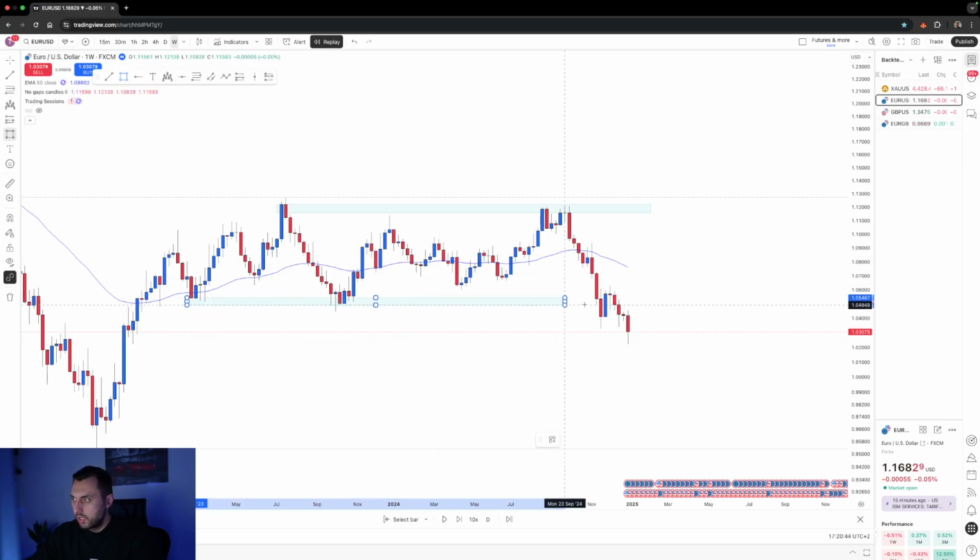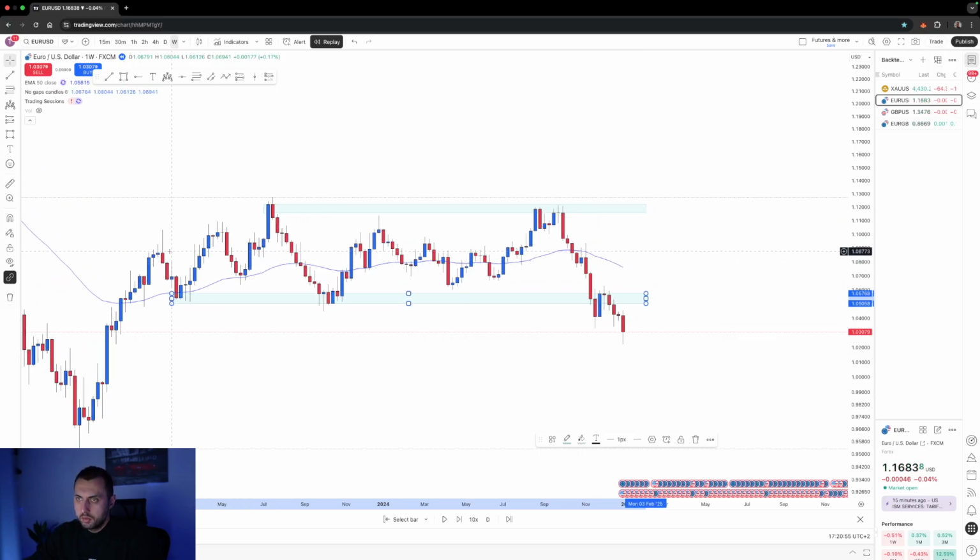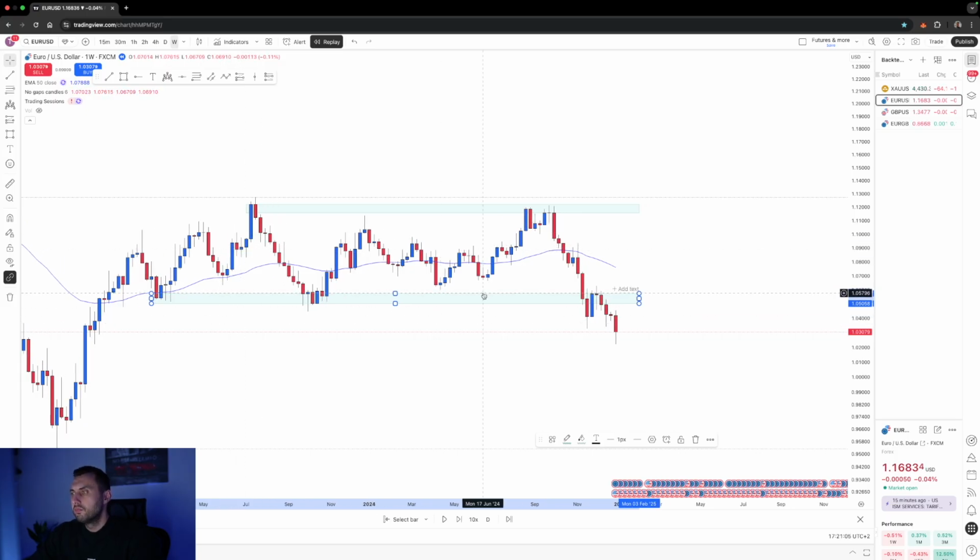Let's say we also have here a zone. I will mark it like this. We also have here a zone, but these are the clearest on the weekly time frame.